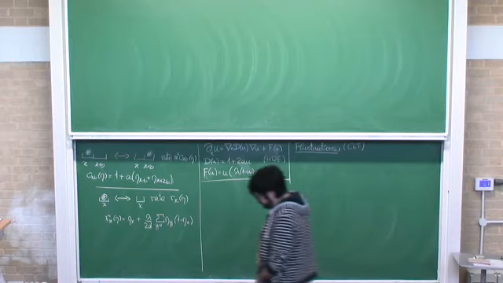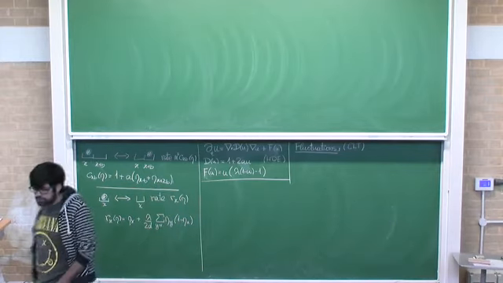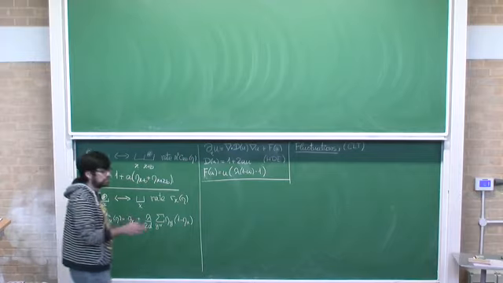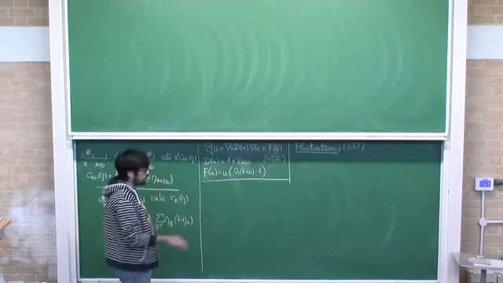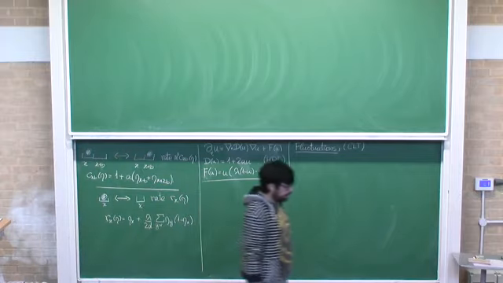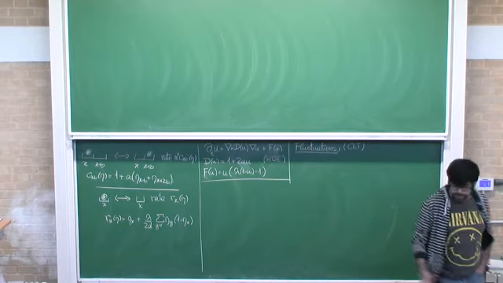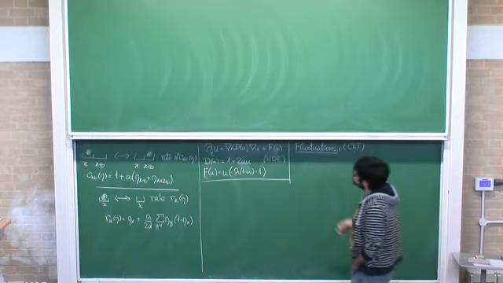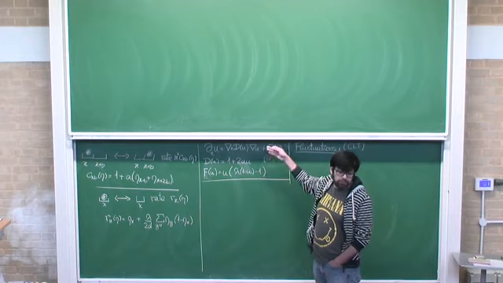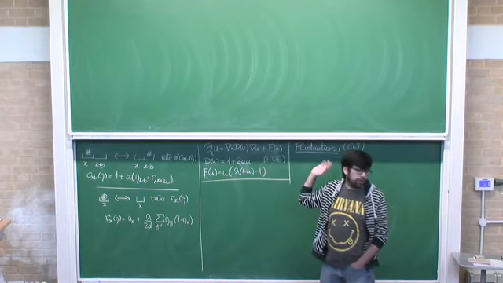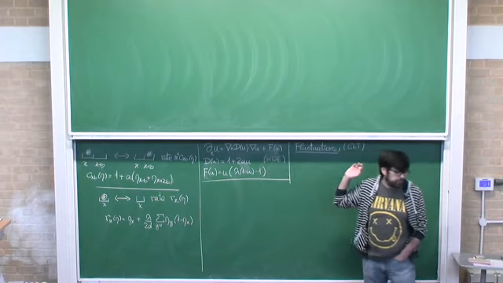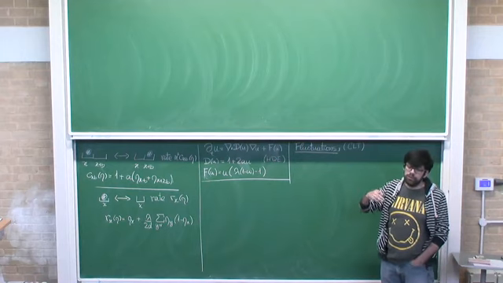Okay, because the density of particles, which is some random object defined in some way, maybe by duality testing with test functions, converges to some solution of a deterministic PDE, which means that it converges to something deterministic.